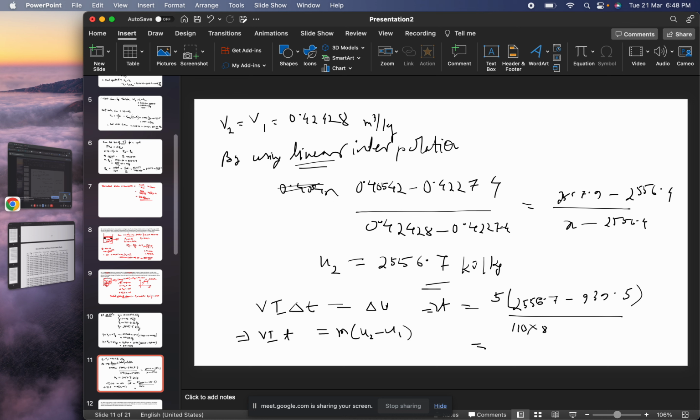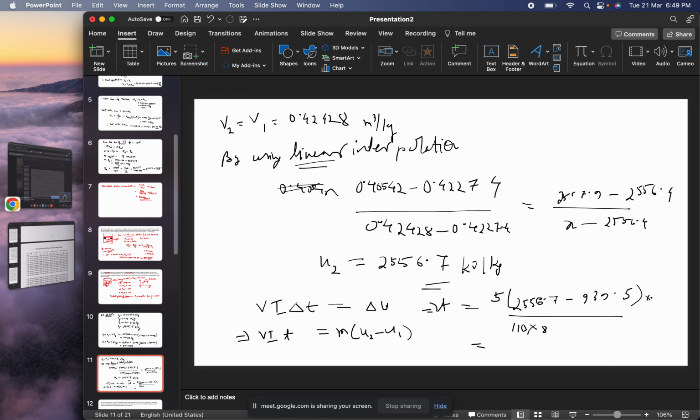Okay, five into 2556.7 minus 939.5 divided by V, which is 110, into 8. Oh, this was kilojoule, no?